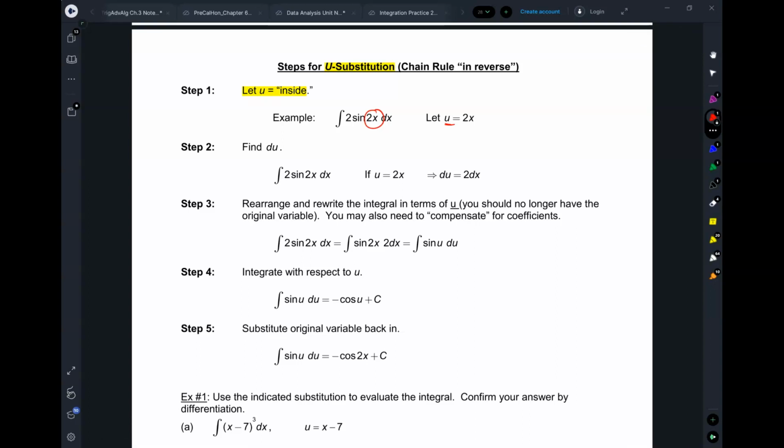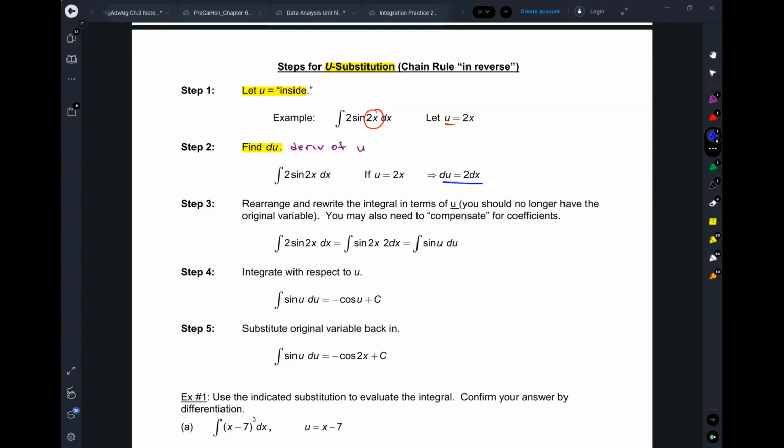Next, you find du. This is just the derivative of U. So if U is 2x, what's the derivative? 2 dx. But the way you write it is, if U is 2x, du is 2 dx. That's the new notation.